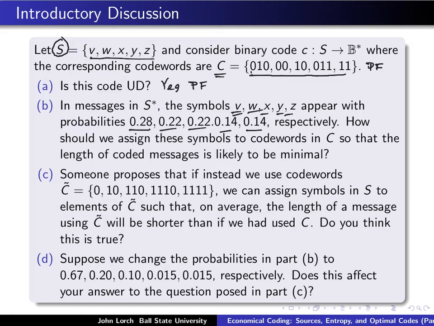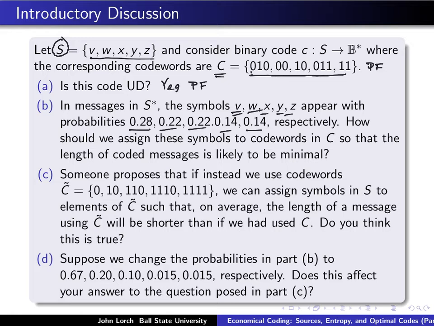So the letter V is the highest probability letter, meaning it occurs the most often, whereas Y and Z are the lowest probability letters. So on average, they are going to occur the least often. So the question is, how should we assign these symbols to the code words in C so that the length of a coded message is likely to be minimal?